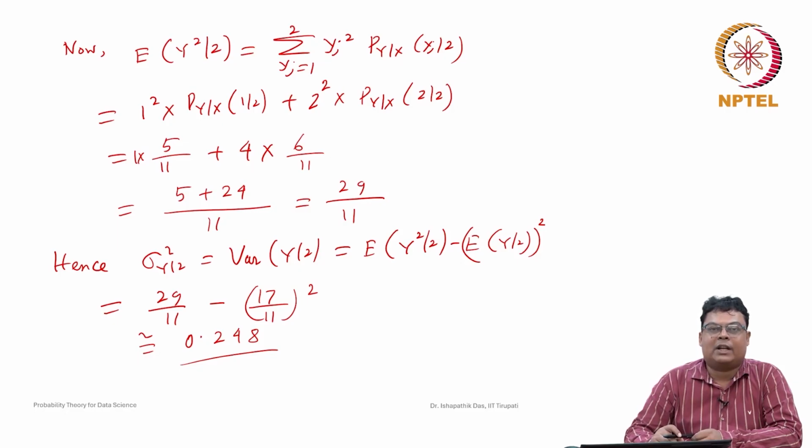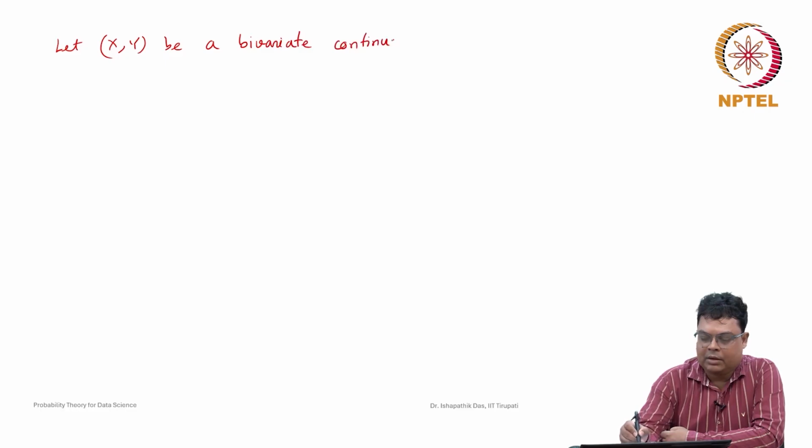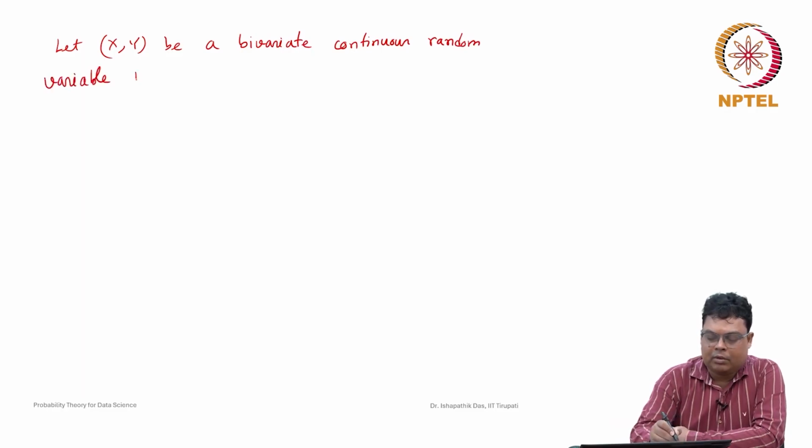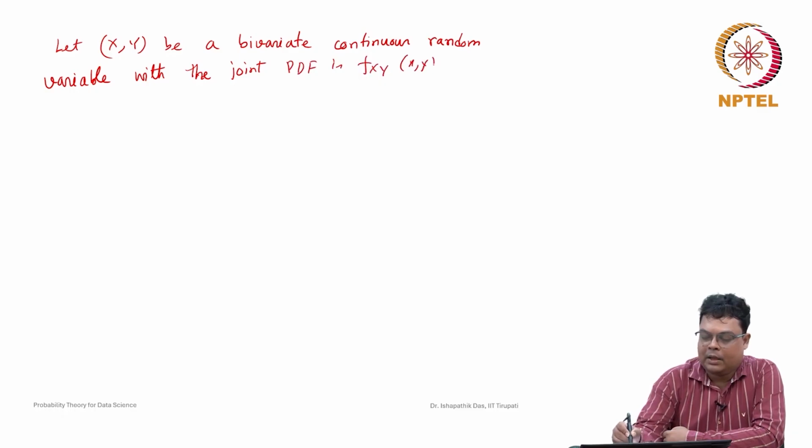If we consider a continuous bivariate random variable, how do we find the conditional mean and conditional variance? Let X, Y be a bivariate continuous random variable with joint probability density function f of x, y.